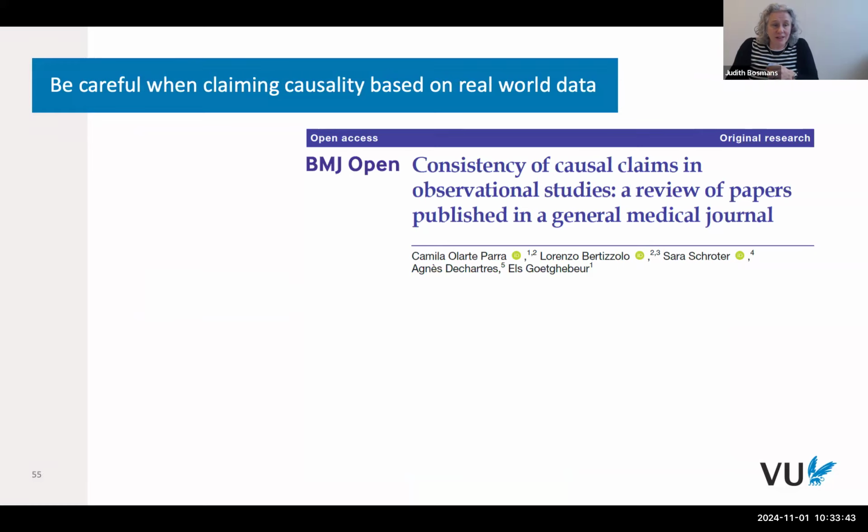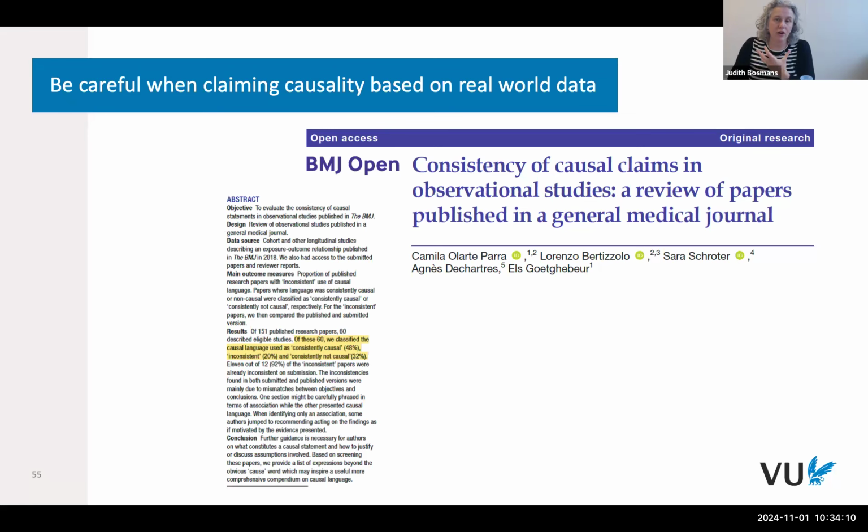However, it is important to realize that because we do not have the randomization in real world data, you have to be very careful with claiming causality if you conduct a real world data study. And this was a recent review where they looked at observational studies, and the causal language that was used in these studies.